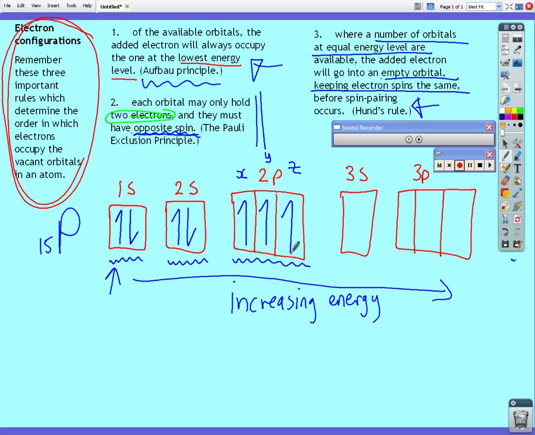Well, the next 3 are still going to go into the 2p orbital because that's the orbital available of lowest energy. But now again, according to the Pauli exclusion principle, they're going to have opposite spins. So there we go. So we've got 2, 4, 6, 8, 10 electrons so far, 5 remaining. Well, the next orbital of lowest energy is the 3s.